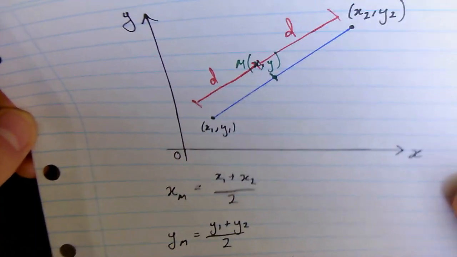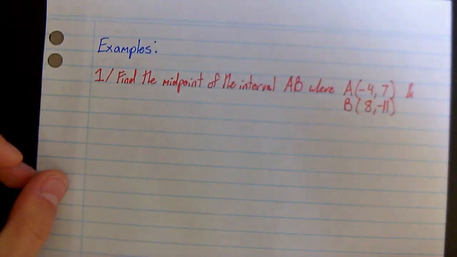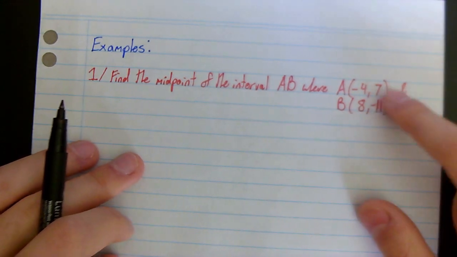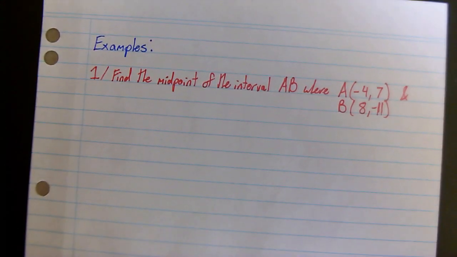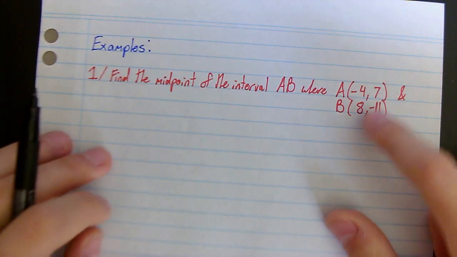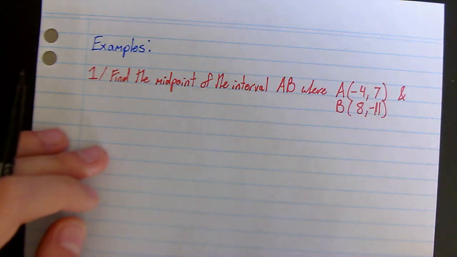So now we'll just look at two examples of how to actually apply this formula. The first example is nice and simple, just asking us to find the midpoint of an interval AB, where A is the coordinate (-4, 7), and B is the coordinate (8, -11). We want to find the middle of these two.